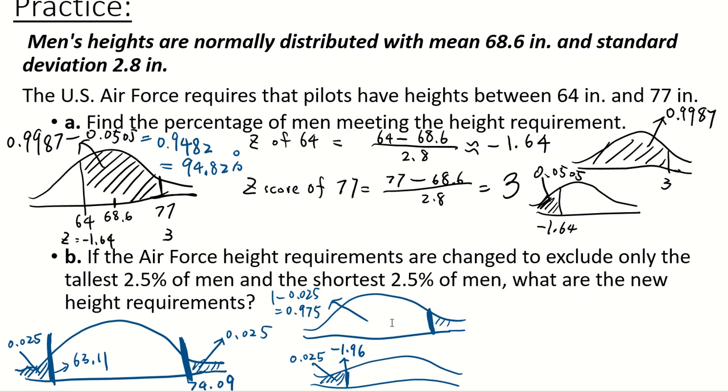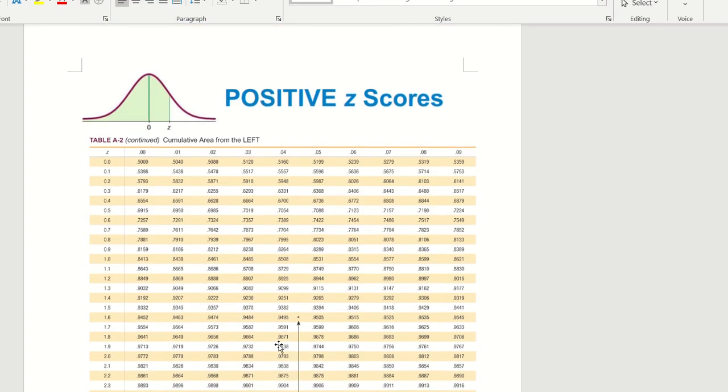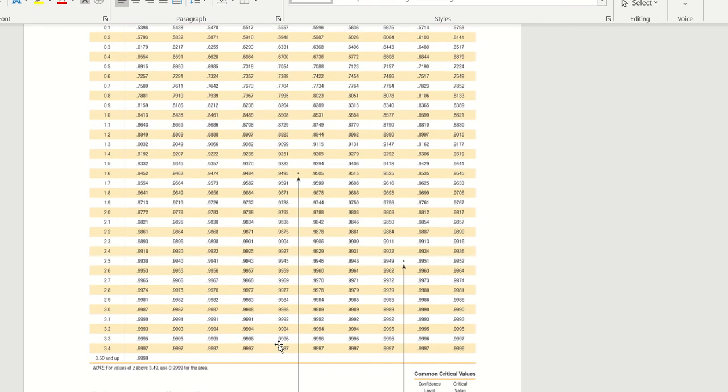The area to the left of the z-score we're looking for is 0.975. So let's go to the positive side, 0.975. Where is it? 0.975, right here.